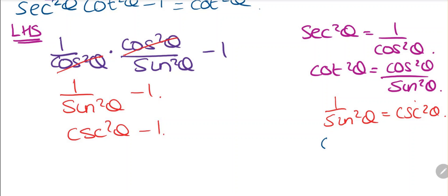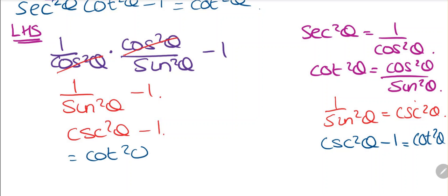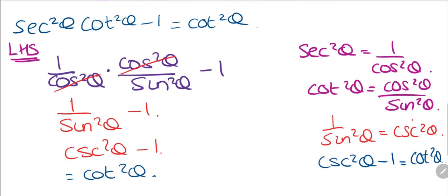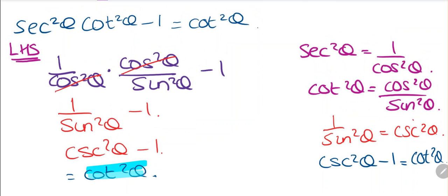And our Pythagorean identity tells us that cosecant squared theta minus 1 is equal to cotangent squared theta. So I can rewrite this as cotangent squared theta. And then if we look at our question, this is the right hand side. So we have verified.